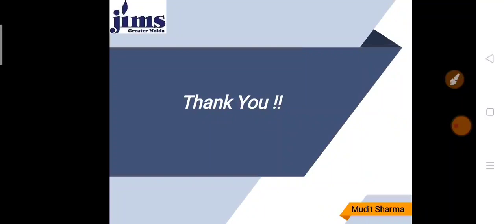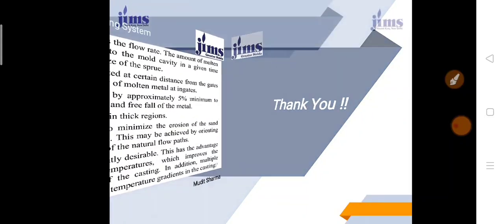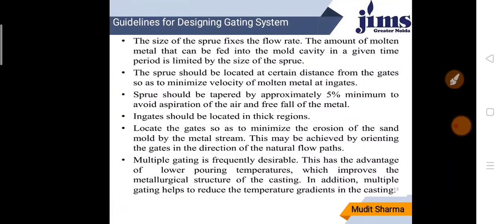What are the common gating systems we use? How can the gating system be classified? There are two types of gating system: one is pressurized, the next is unpressurized. In a pressurized gating system, the ingate serves as a choke. This system maintains a back pressure and causes the entire gating system to become pressurized.